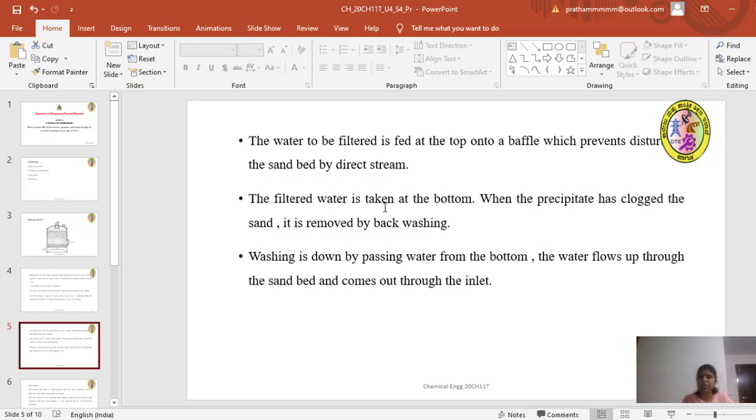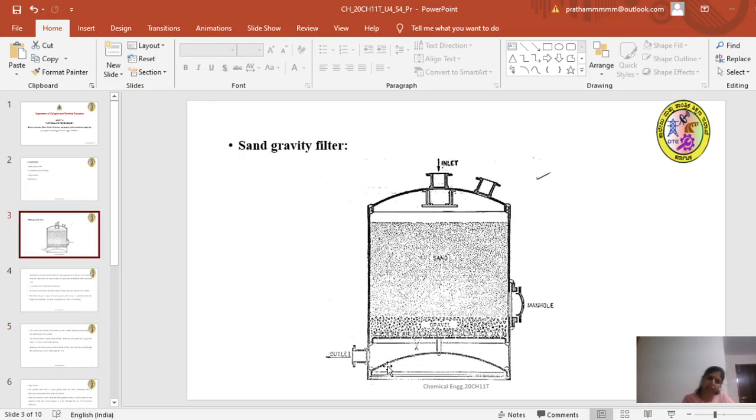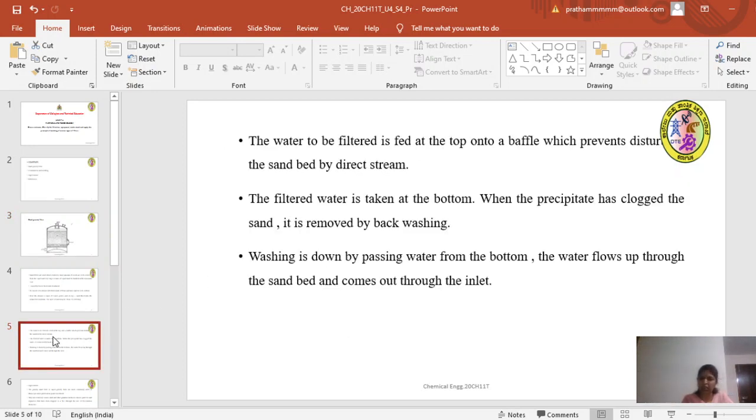The filtered water is taken at the bottom. When the precipitate has clogged the sand, it is removed by washing. The filtrate, the clean water, is taken from the outlet, and the precipitate filtered in the sand is removed by backwashing with clean water.